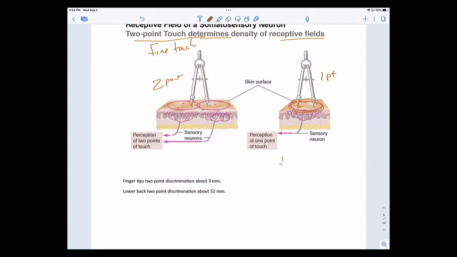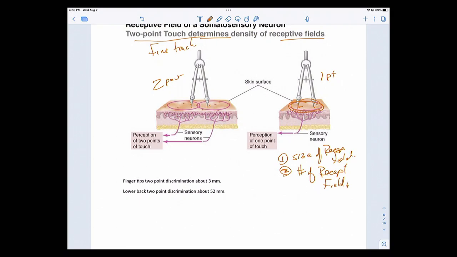One is going to be size of receptive field, okay? The other is going to be the number of receptive fields.